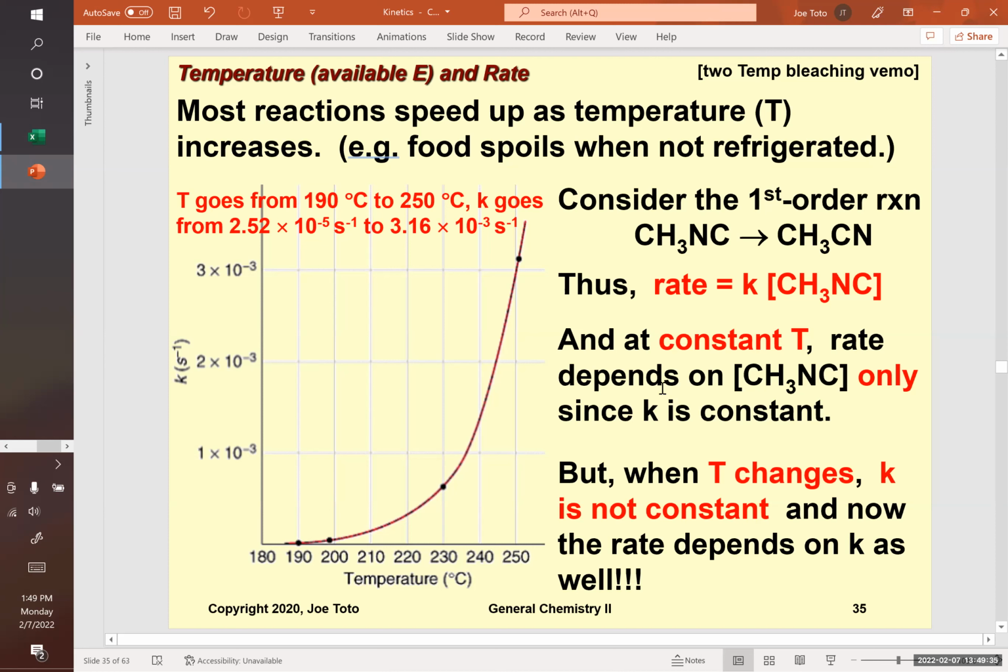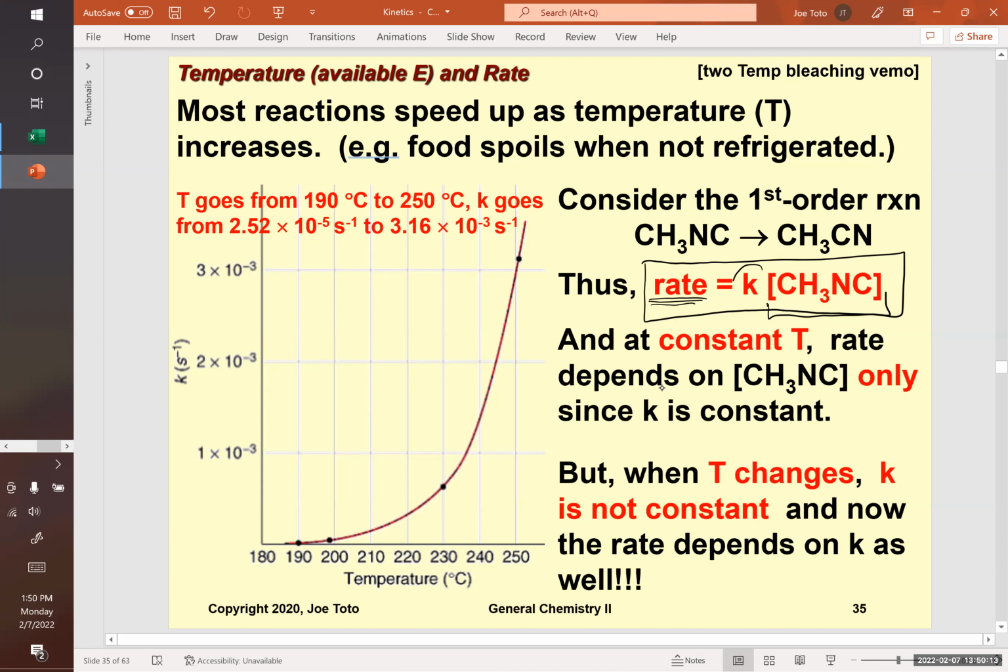Remember, we listed a bunch of things: concentration, surface area, temperature, catalyst, and so forth. And we said, as long as we keep everything the same and only vary concentration, then that's going to give us information on the rate law, because the rate of a reaction can be found dependent on concentration as long as you keep everything else fixed.